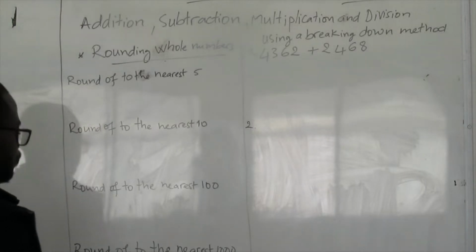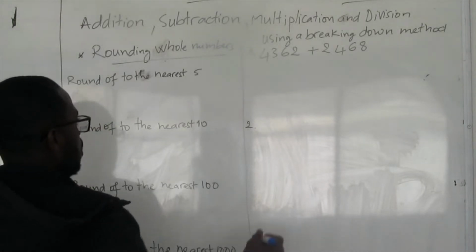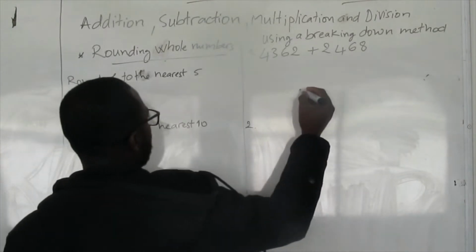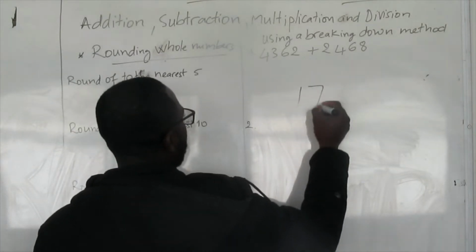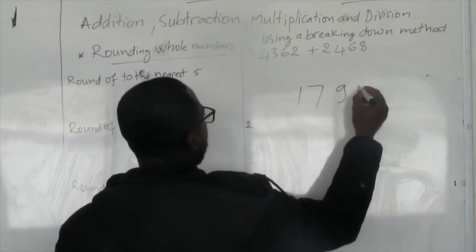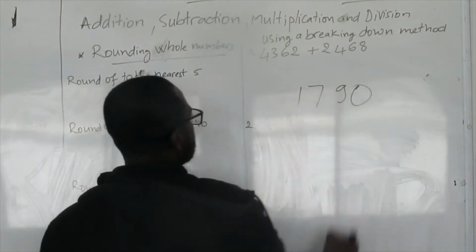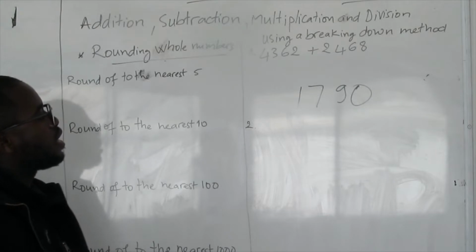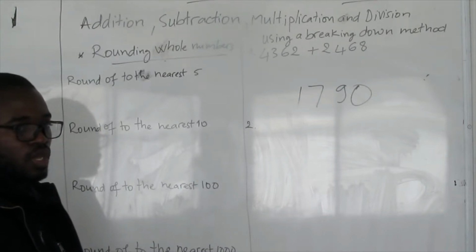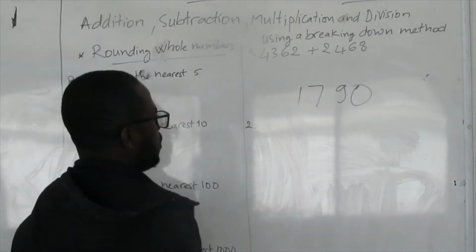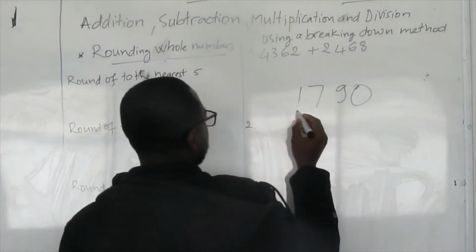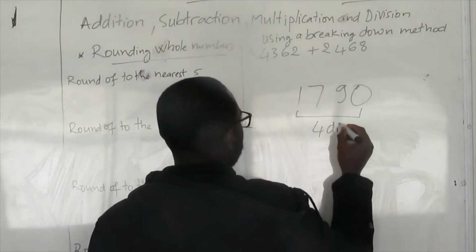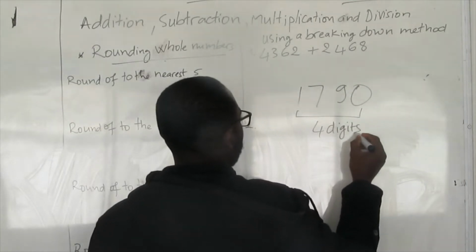First, if we have this number, let me say 1,790. How many digits do we have in this number? 4 digits.